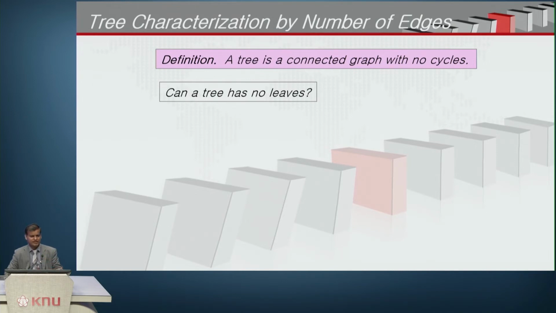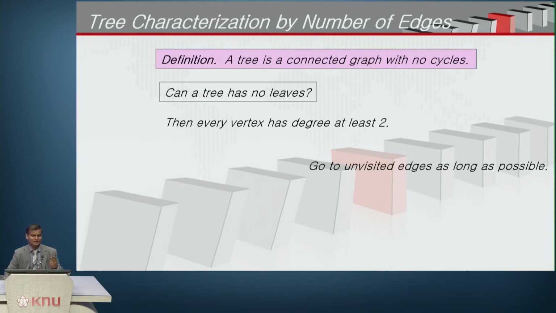The question is, can a tree have no leaves? Is it possible? Then every vertex has a degree of at least 2, which means that that is not possible, right? So go to an unvisited edge as long as possible. You are trying to go to an unvisited edge, and in the end, the tree is the place where you cannot get stuck.